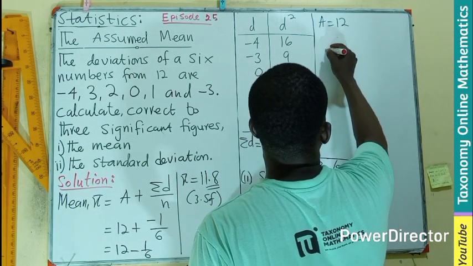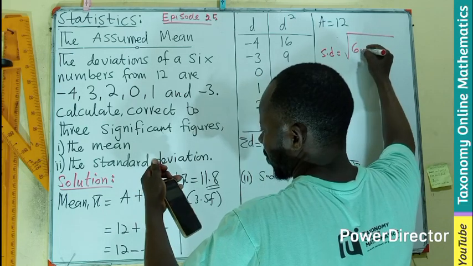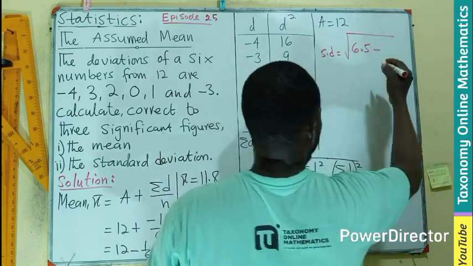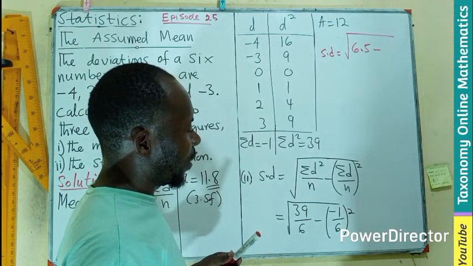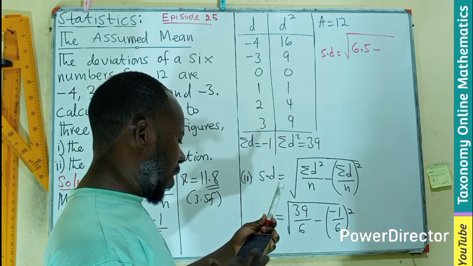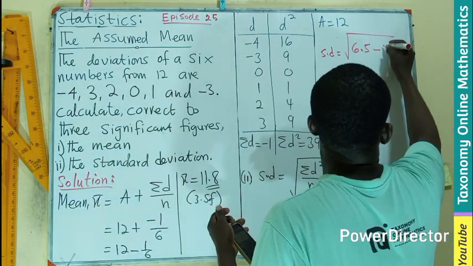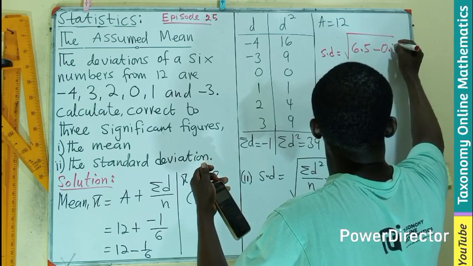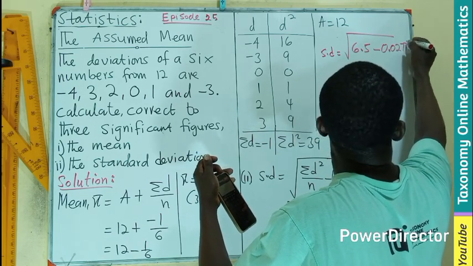So our SD will just be the root of 6.5. It will still be minus, because negative 1 squared will be 1, then 6 squared, so 1 divided by 36, that will be 0.02778.